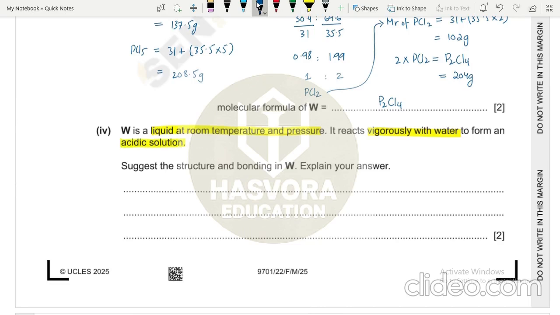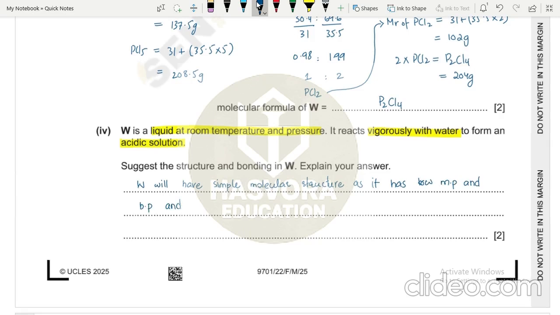Explain your answer. So W will have a simple molecular structure as it has a low melting point and boiling point. That is why it is liquid at room temperature.